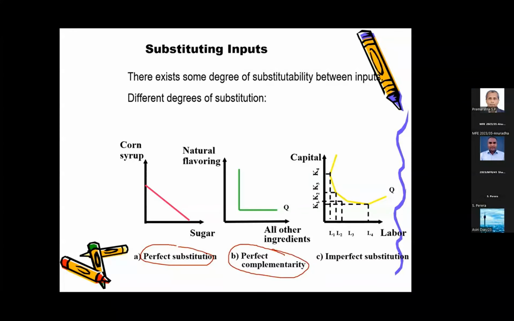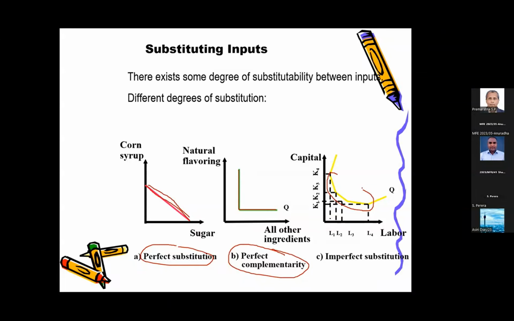Inputs are complementary: without one, the other is useless. In the perfect complement situation, the isoquant curve is L-shaped. A perfect substitute is a straight line with the same slope. So those are two extreme cases. Normally we take goods as imperfect substitutes, but there are some goods that are perfect substitutes and also perfect complements.